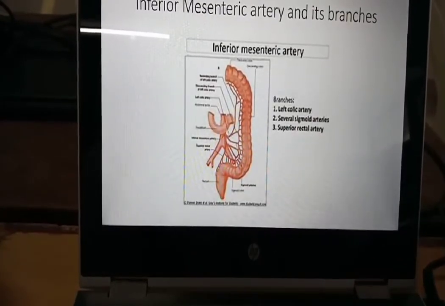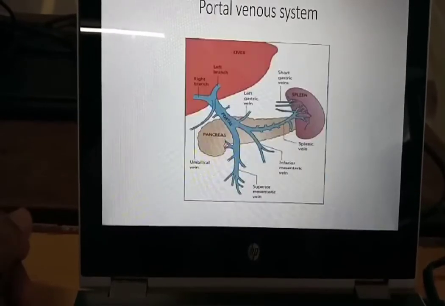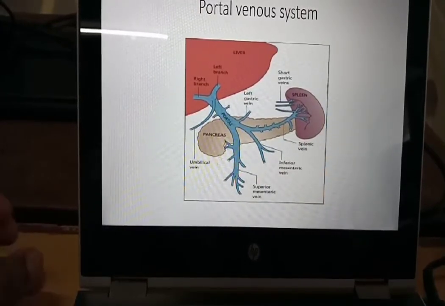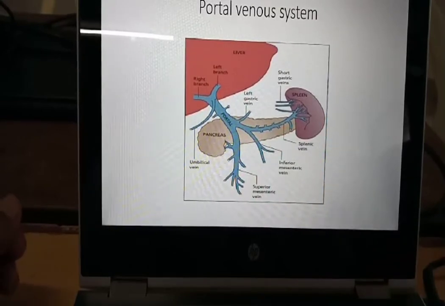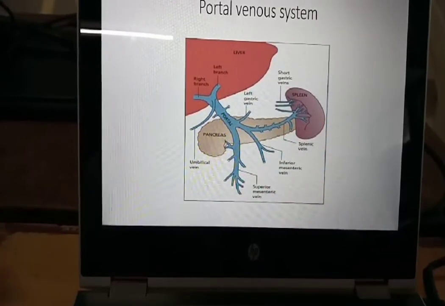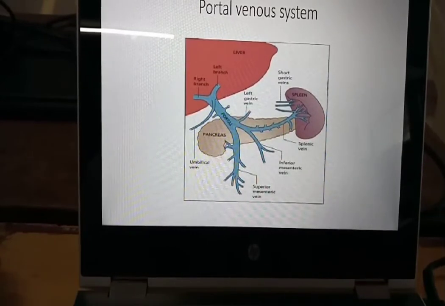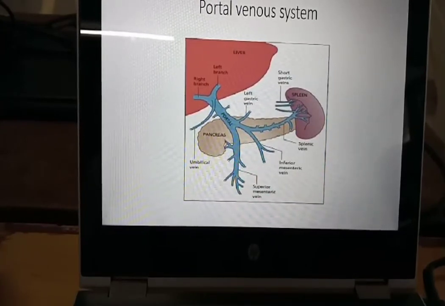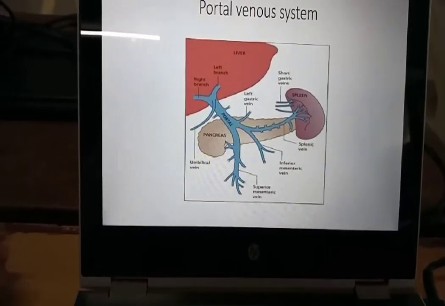Okay. So here you see the inferior mesenteric branches. This is just for sake of completion. The portal venous system: from the spleen, from the pancreas, from the foregut and the hindgut, it will all join together in the splenic vein, and then the superior mesenteric vein, that is from the midgut, will drain into the splenic vein to form the portal venous system and enter the liver.